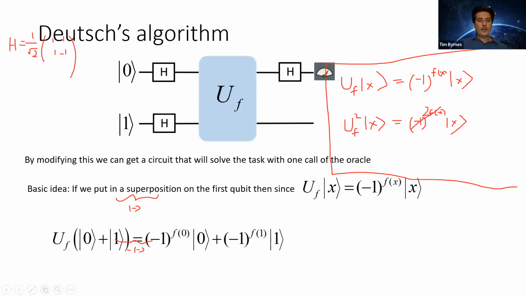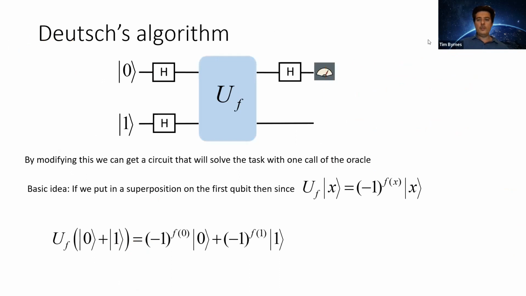Okay. Now, using this trick of putting in the minus state on the second qubit, we can now define the solution to Deutsch's algorithm. The basic idea is this. Let's try to put in this superposition state on the first qubit.